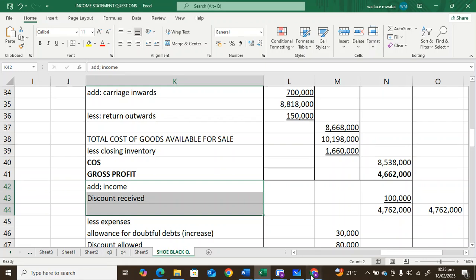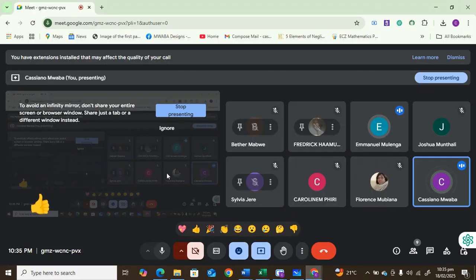And if there is a decrease in the allowance for irrecoverable debts or provision for irrecoverable debts, if there is a decrease, then you also add to the gross profit. Okay, so please jot those down. If it's got the word received or receivable, you add to the gross profit.